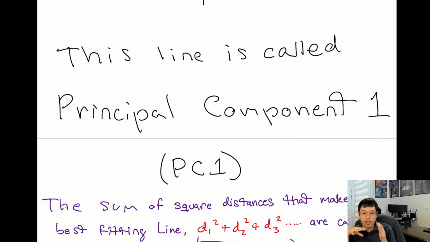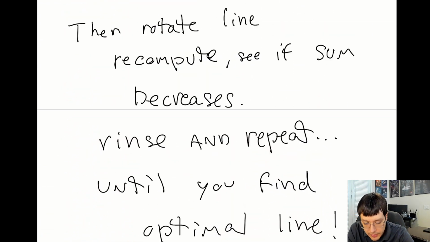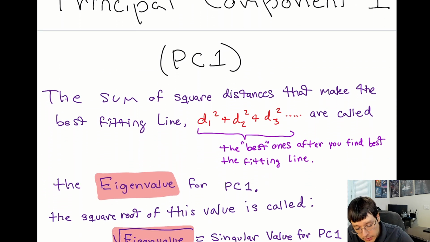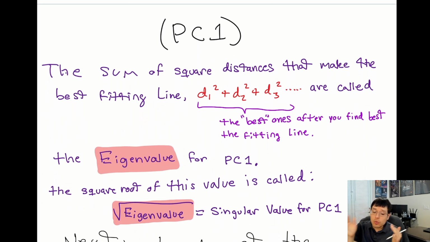But also understand that when you computed the line, you computed a specific sum of square distances, right? So you have a specific value for D1 and D2, which are these, right? That also has a very important name that I want to talk about. The sum of the square distances that make that best fitting line, those D1, D2, D3, are called the eigenvalue for principal component 1.